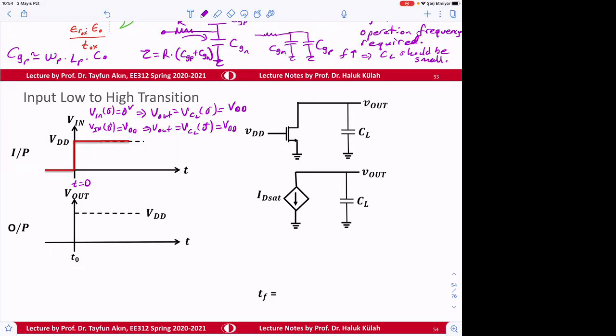So at t equal to 0 plus, input is VDD, and the voltage here is going to be initially 5 volts, but then it will be discharged.